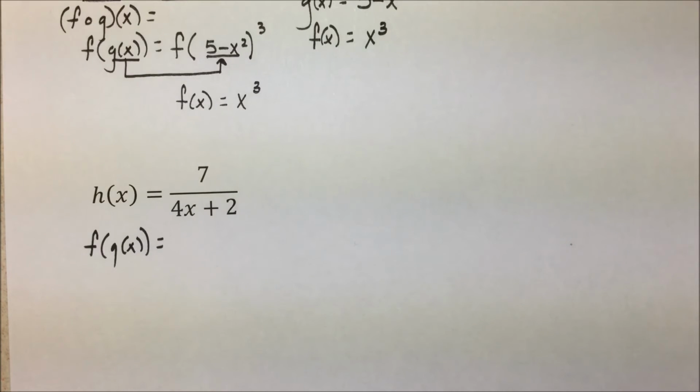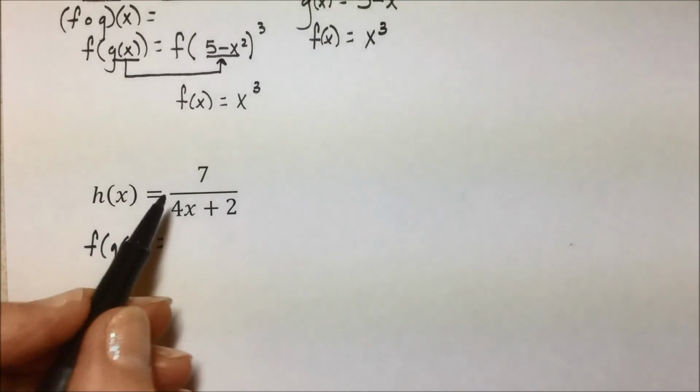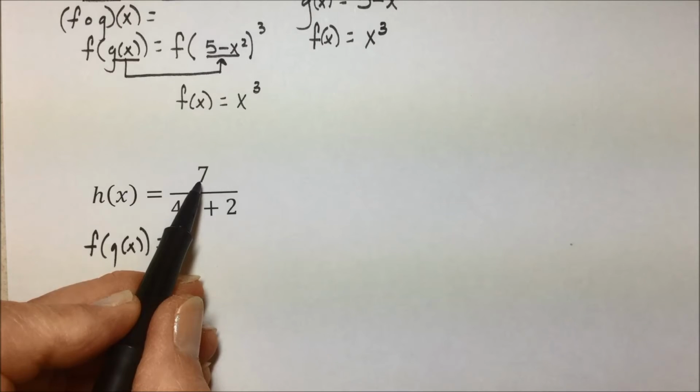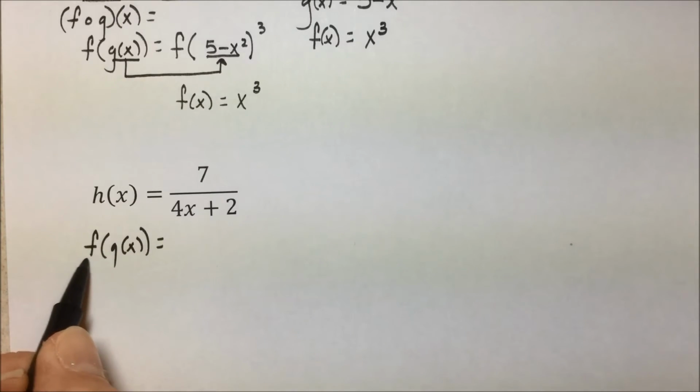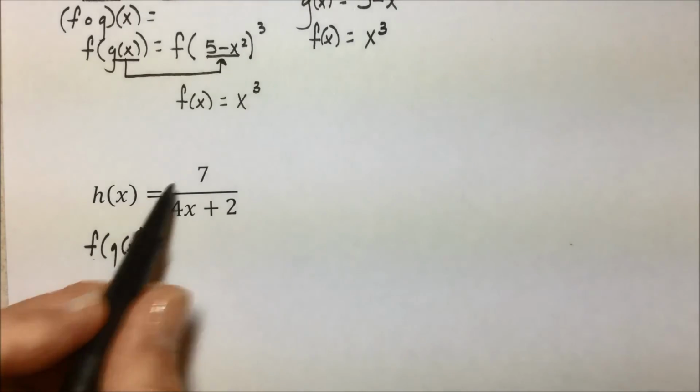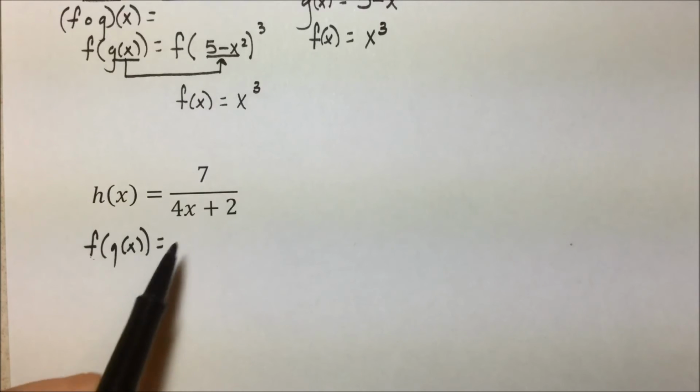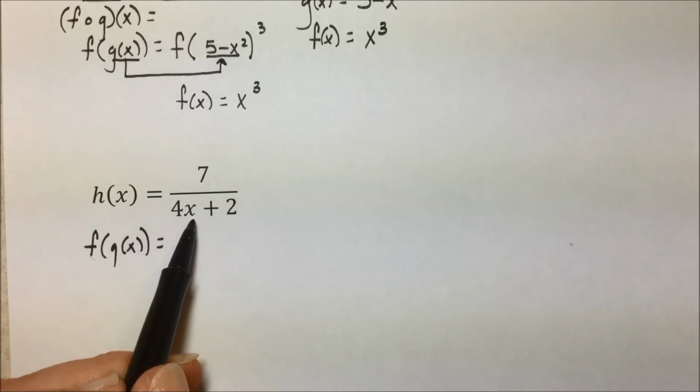I won't say infinite, but there are multiple possibilities for what exactly f and g of x are. Again, going back to order of operations is helpful to determine what's being done here. Before we could take 7, which would be the last thing we want to do, which in this case would be the f function, we would have to simplify our denominator.